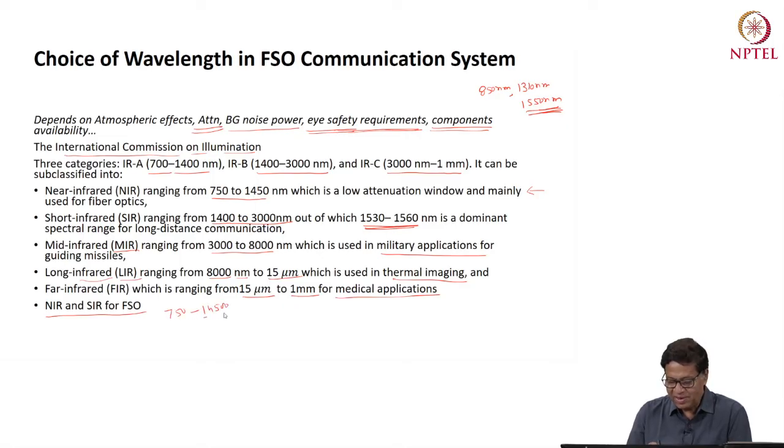This also, by the way, is the same as the optical fiber communication wavelength, where one can use 1310 as one of the wavelengths. And in the SIR region, that is short infrared, you have 1550, which is again a communication band. So most of the FSO systems are based in this region. So this is the choice of wavelength in a free space optics communication system.